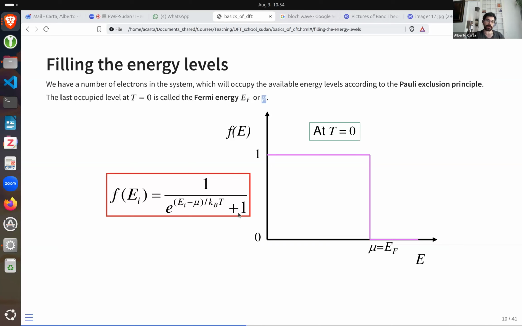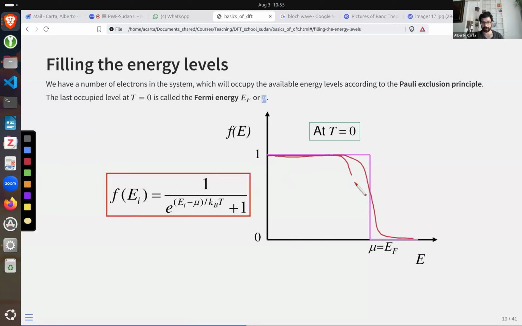So if you look at this function at 0 K, this is just a step function. This basically means that all the states below the Fermi level are occupied and all states above the Fermi level are unoccupied. But of course, as you raise the temperature, this will be less sharp and will smoothly connect.